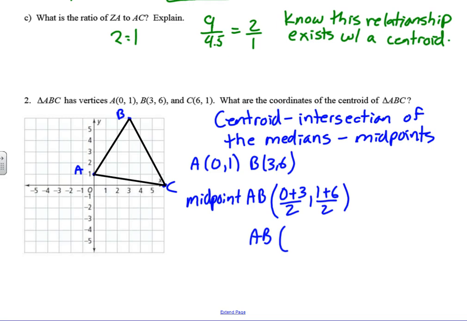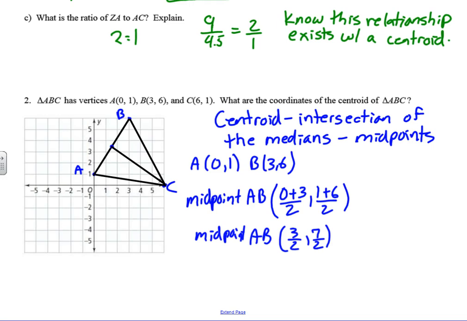The midpoint formula, that's for you. You have to add and divide by 2. So again, the midpoint of AB would be 3 halves and 7 halves. That's like 1.5 and 3.5. So that would be right here. Well, that would allow us to draw the median, which would be this line segment right here.